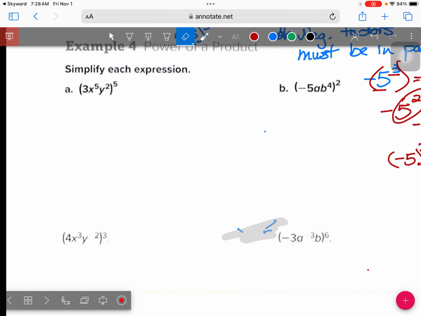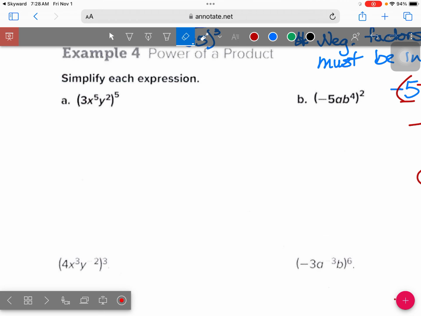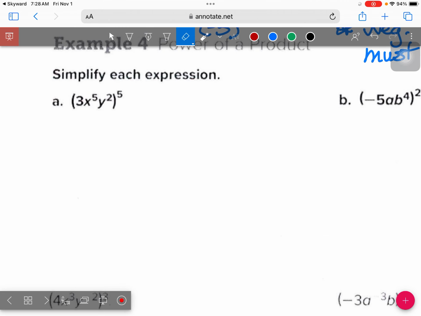Let me erase this down here. Letter A, power of a product. So everything inside here gets raised to the 5th power. Here, this does not have an exponent, so I'm going to put a 1 on it. This 5, it's like the distributive property, gets multiplied with everything.